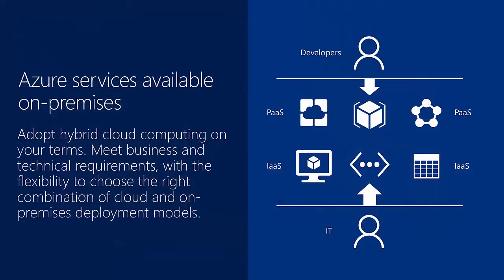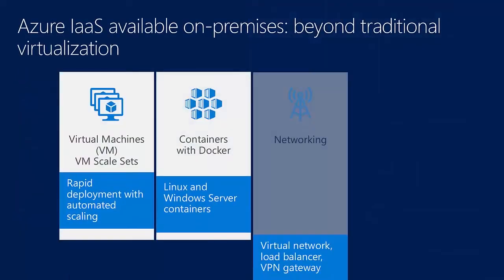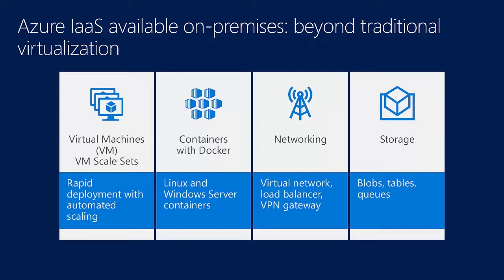This is just another look at Azure services that are available on premises. So you've got developers that can develop for Platform as a Service or Infrastructure as a Service, and you've got IT that can manage those as well. And then a quick look at the services that are available at general availability. You've got the IaaS capabilities where you've got virtual machines and virtual machine scale sets. That's for rapid deployment with automated scaling.